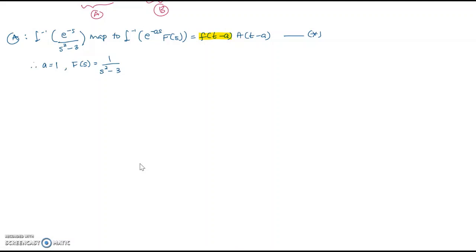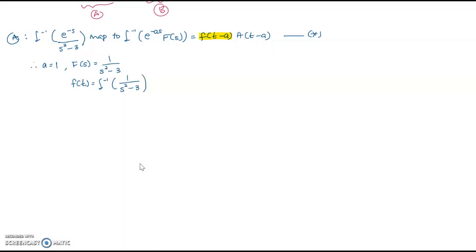The idea is if we know our f(t), then we can get it for any t minus a value. So what we need to get first is f(t). f(t) is the inverse of F(s), so f(t) is the inverse of 1 over s squared minus 3.